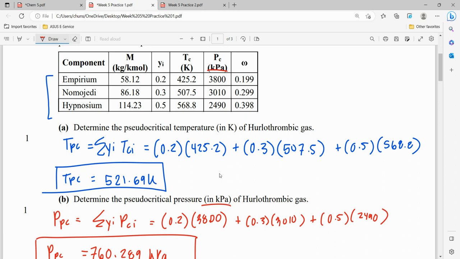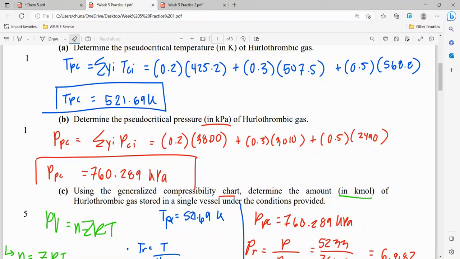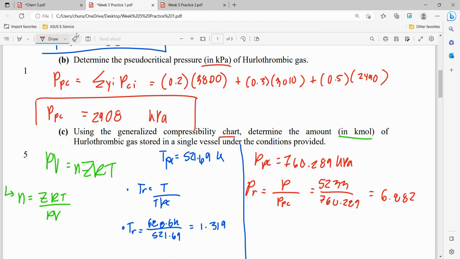Okay, there we go. So this gives us a value of not that, and this instead, 2,908 kilopascals. Let's change this, because that's wrong.